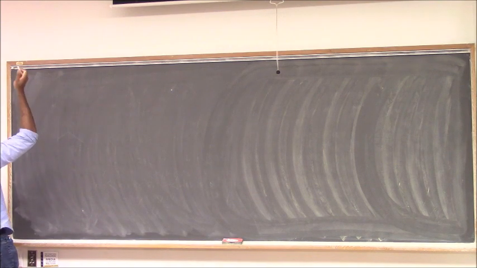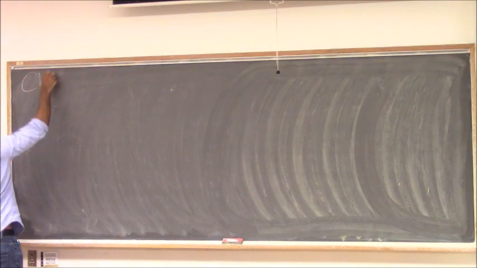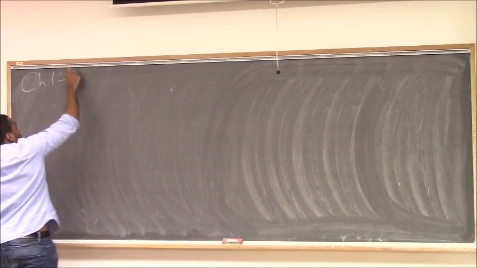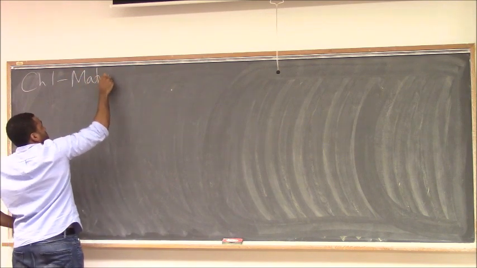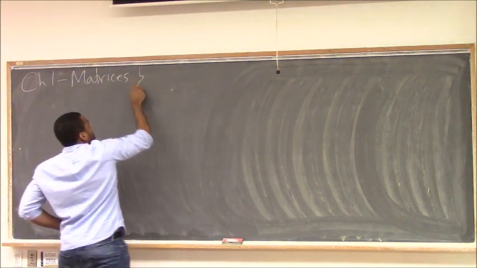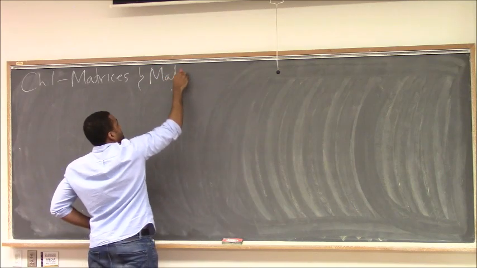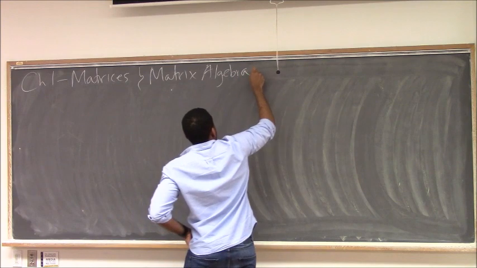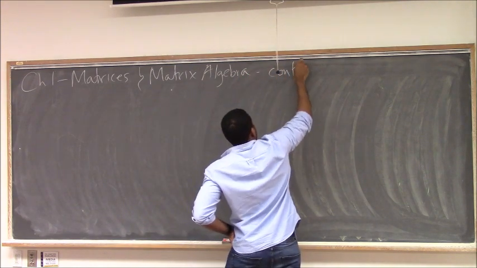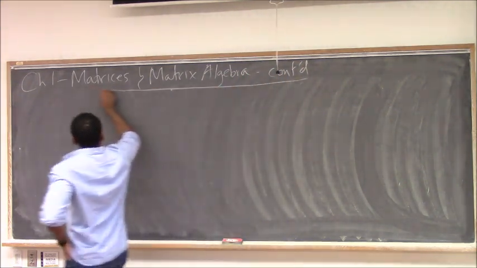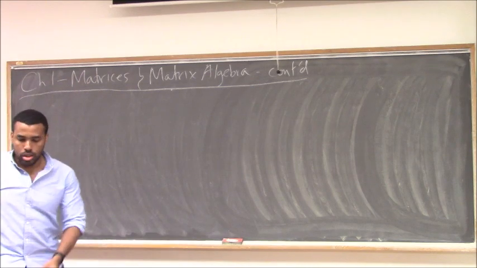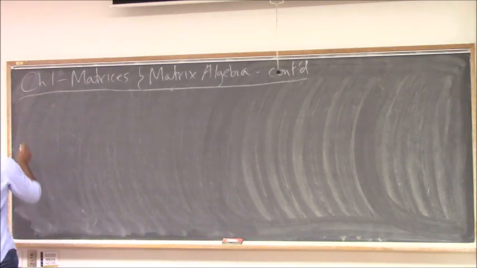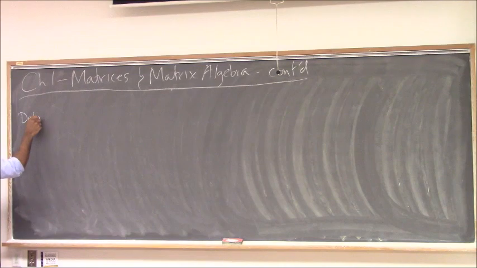So we're in the linear algebra section, chapter 1. Talk about matrices and matrix algebra. I think the last definition we were talking about was matrix multiplication.